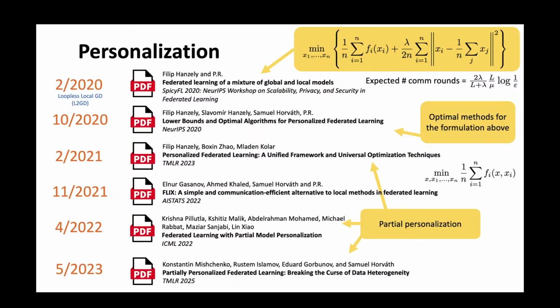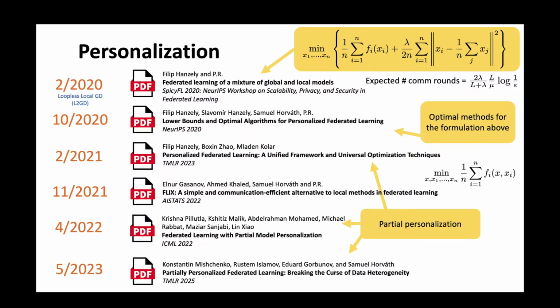So now you can already see from the formulation alone that depending on the parameter lambda, if you run a good algorithm to solve this formulation, if lambda is smaller, the problem should be easier from the point of view of communication complexity, right? Because if lambda is 0, no communication is needed. And this is in fact the case. In this paper, we show that the expected number of communication rounds is basically lambda times something. So if lambda is small, it's small.